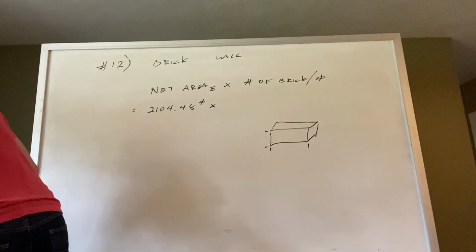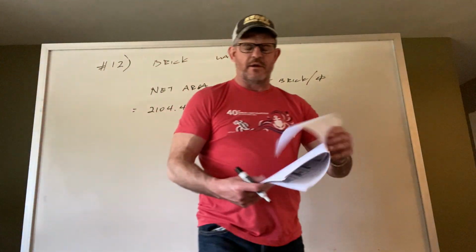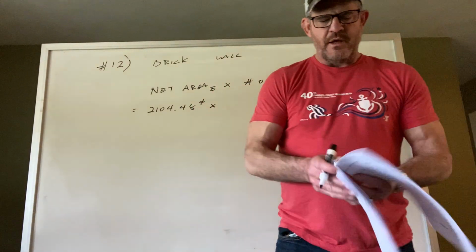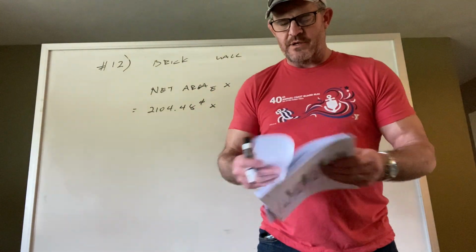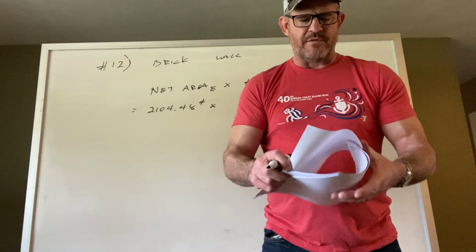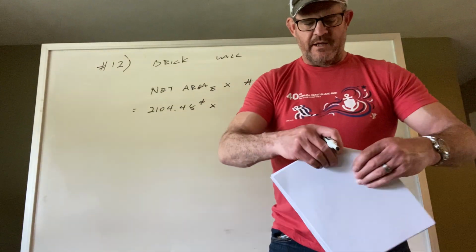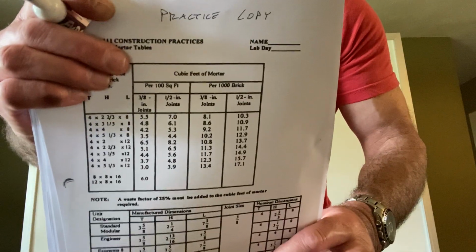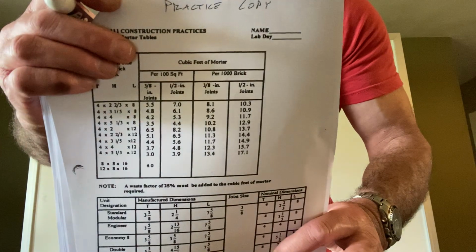When we think back on our masonry lecture, we look at this chart that we received during that time. That is located on the back of your package for your practice copy. Okay, and we see that we've got two different charts right there, the top chart and the bottom chart.